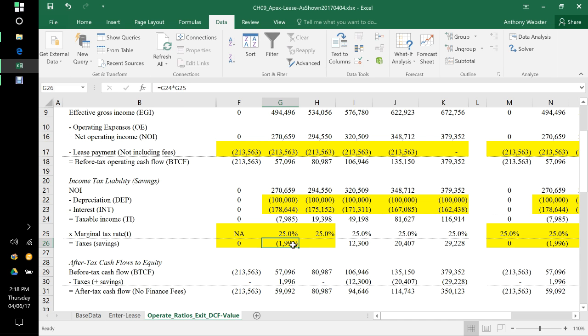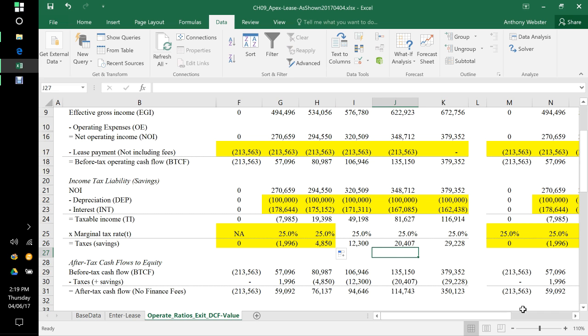That's complicated and beyond the scope of this class, but it is true for entities that have had positive taxable income in previous years and expect to in future years. You actually can get a tax break when you have a bad year. Okay, so I think that's looking good here.